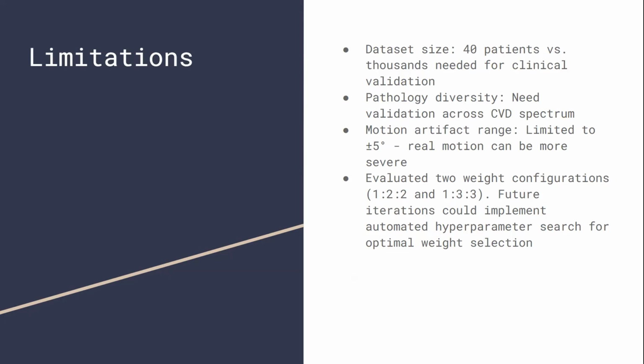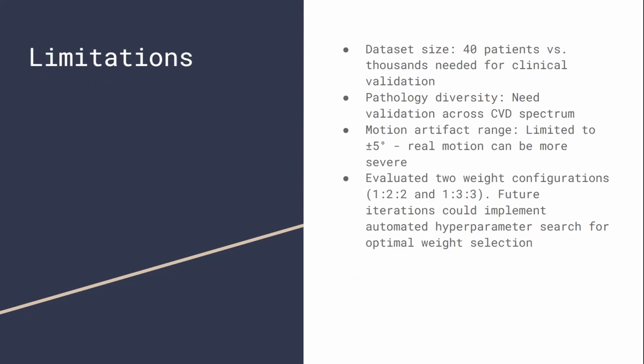We also only did rotation across one axis, limited to 5 degrees, so real motion can be more severe and more complicated. We can also evaluate more weights, and future iterations could implement automated hyperparameter search.